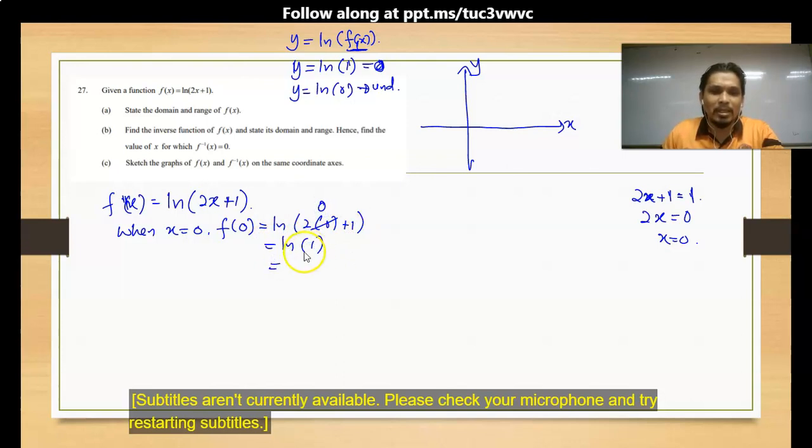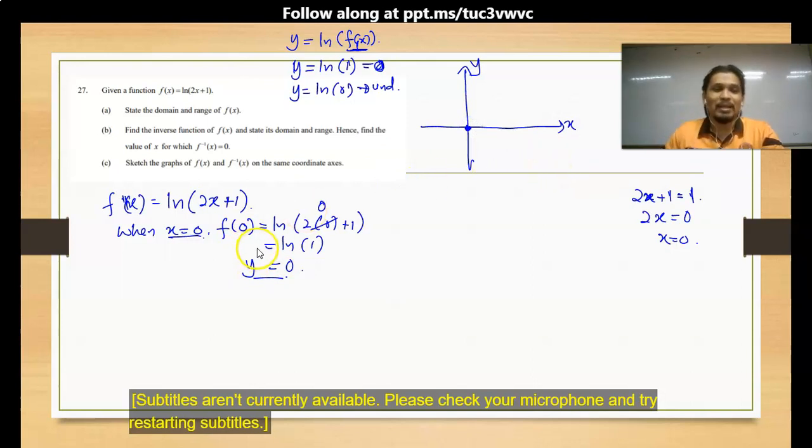And natural log of 1, y equal to 0. So what is the value of x just now? Yes, x equal to 0. And what's the value of y? y equal to 0. So they intersect here at the origin point.